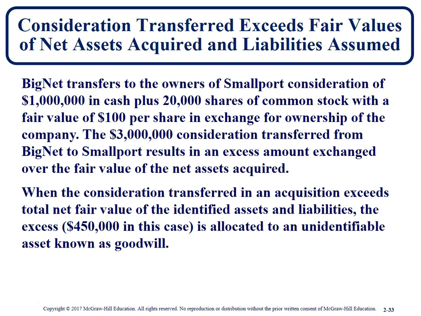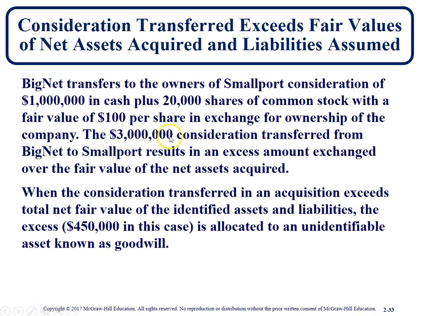If you remember, in the last example that we looked at, the total fair value was $2,550,000, and we paid exactly $2,550,000. This time we're paying $3 million for all of Smallport. I'm having a hard time with numbers today.